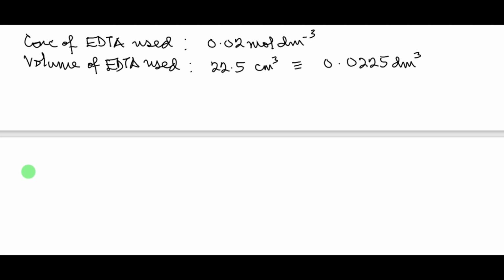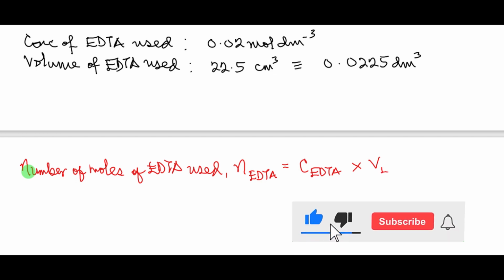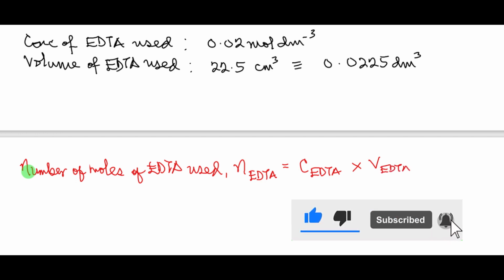So the number of moles of EDTA used in the titration, that's n of EDTA, will be equal to the concentration of EDTA in moles per dm cube times the volume of EDTA in dm cube.